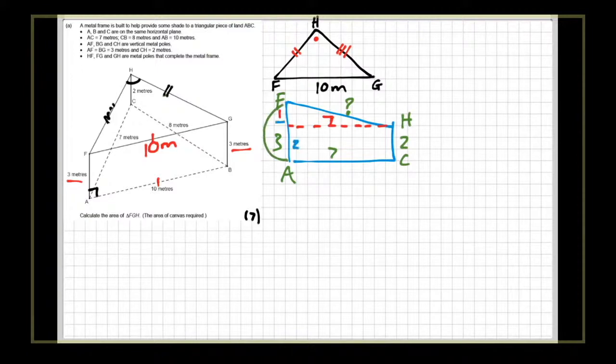So in other words, that is 1. By using Pythagoras, I can now get FH. FH squared is 1 squared plus 7 squared. So FH is the root of 49 plus 1, which is 50.